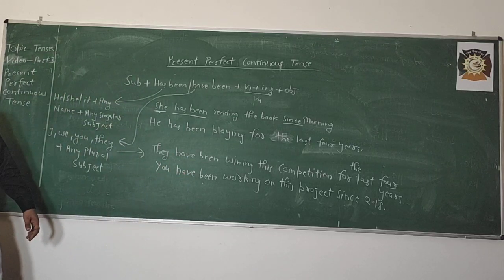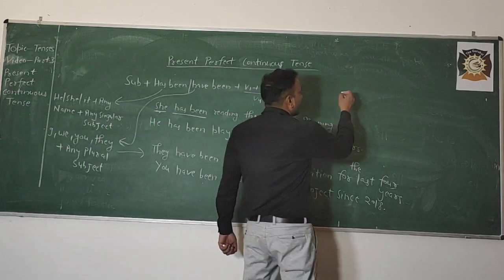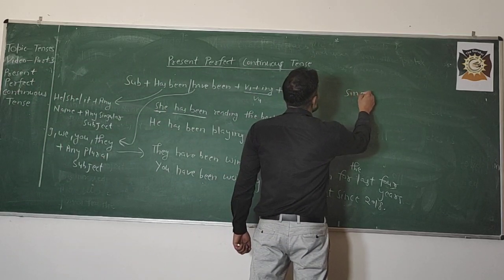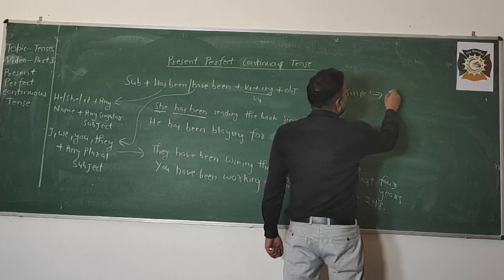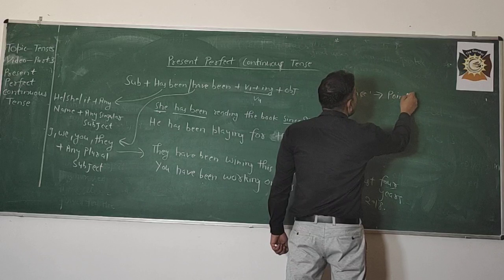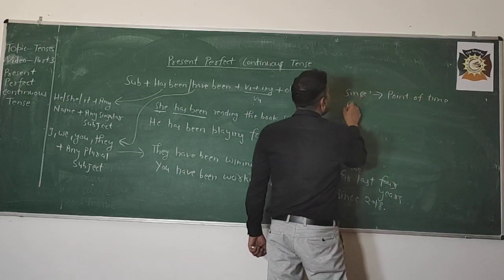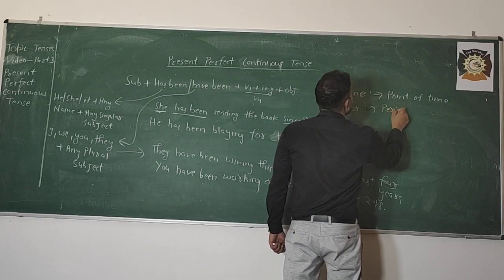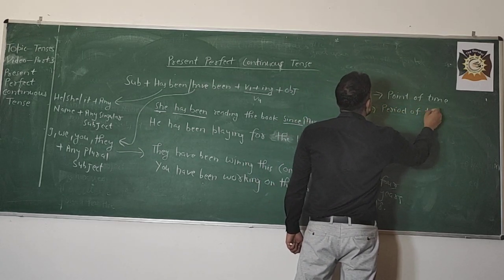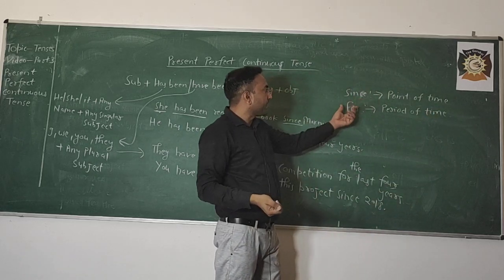So you need to understand the concept of since and for. First of all, since is always used for a point of time, and for is used for a period of time. What's the difference between point of time and period of time?